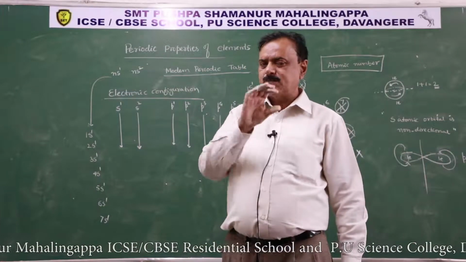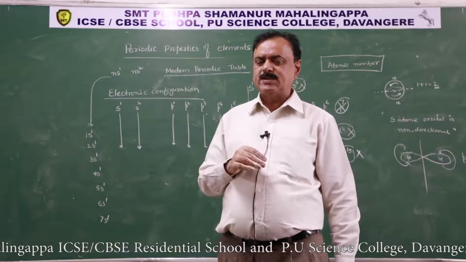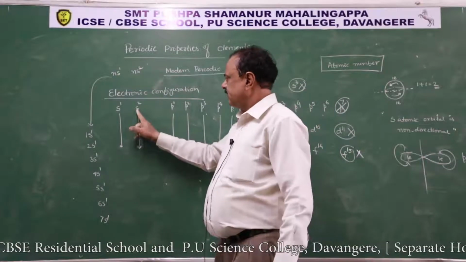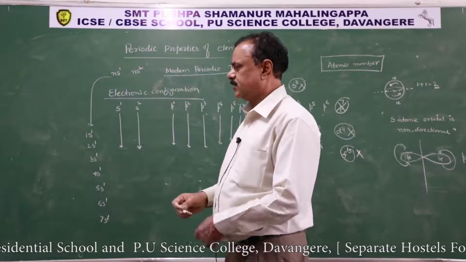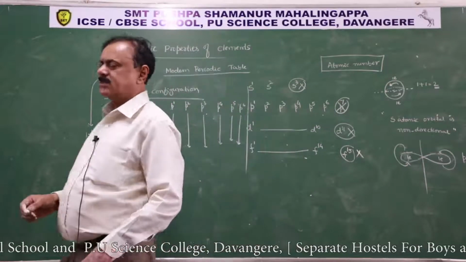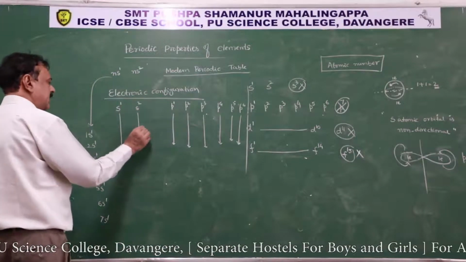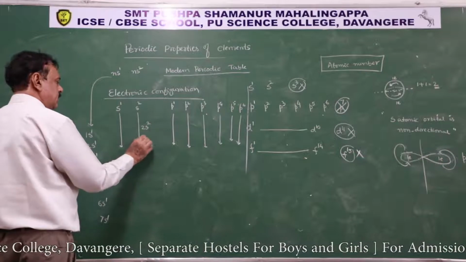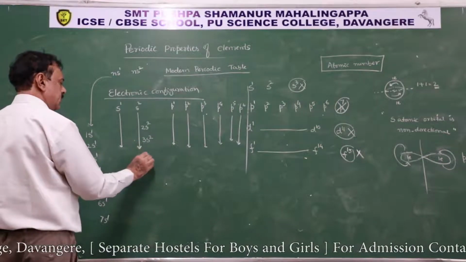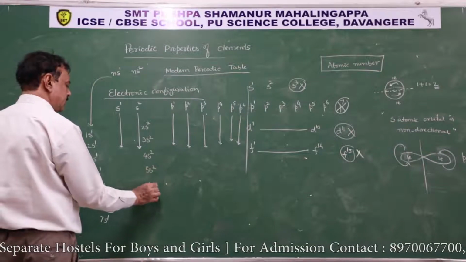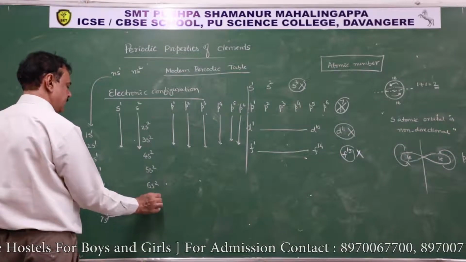That is why in the first period we have only 2 elements, and in the second period we have 8 different elements. 1s2 is not there as a group configuration; 1s2 is helium. It belongs to the 18th group of the modern periodic table. I will explain later. That is why 2s2, 3s2, 4s2, 5s2, 6s2 and 7s2.